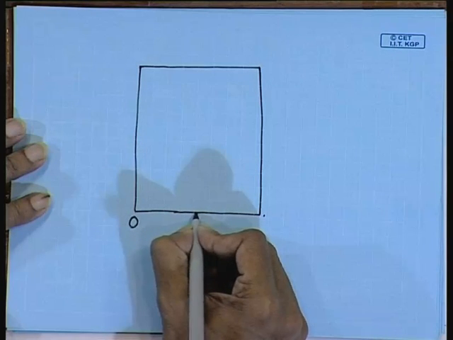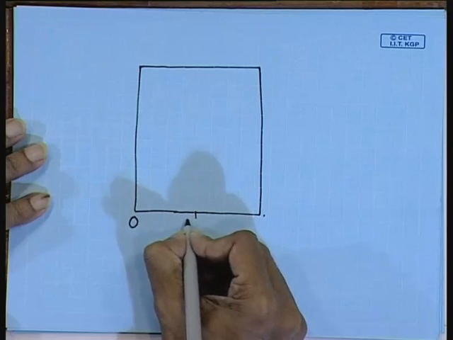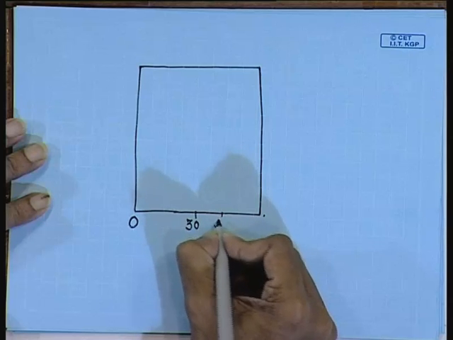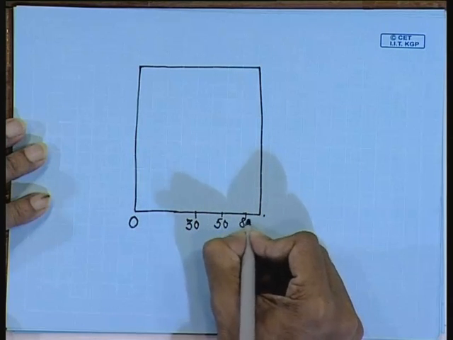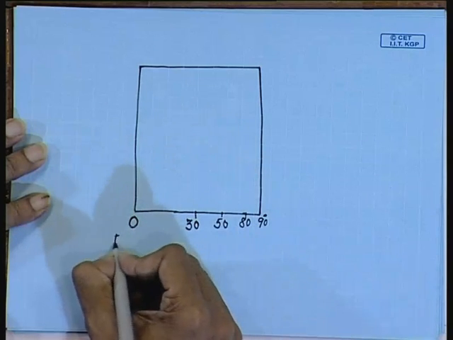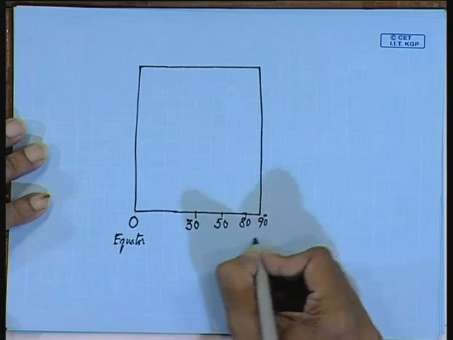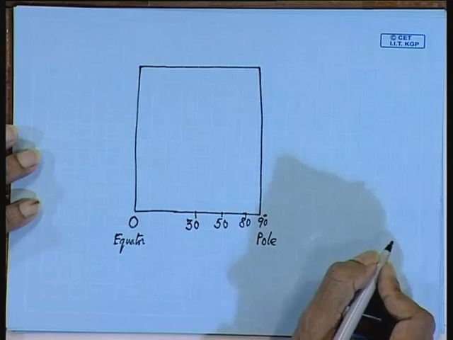Somewhere around here you have 30 degree latitude, then you have 50 degree, and right here this is 80 and this is 90 degree. So, this is your equator and this is your pole, say north pole, if you are doing it for the northern hemisphere.